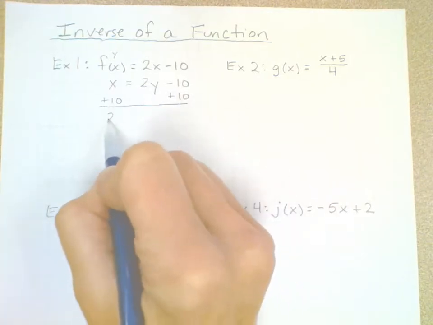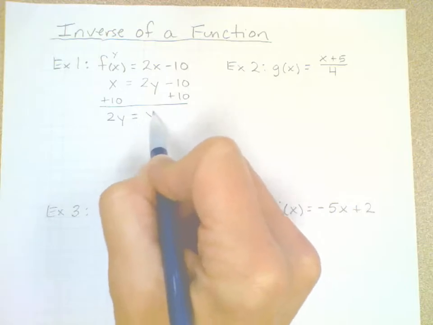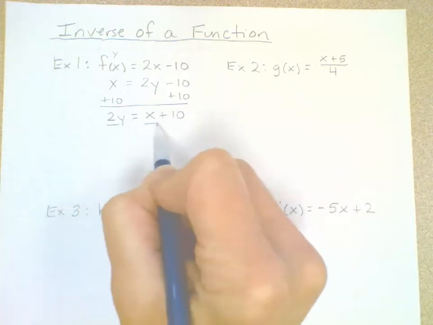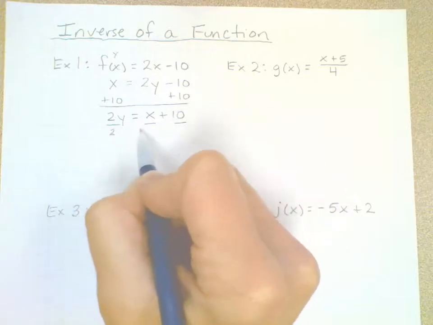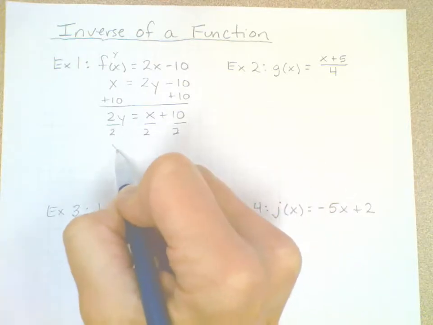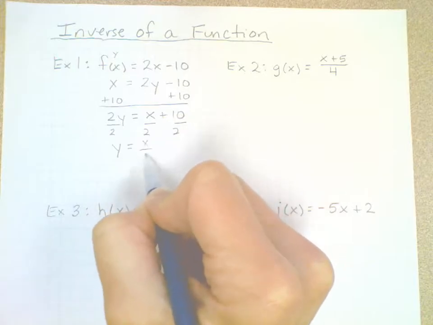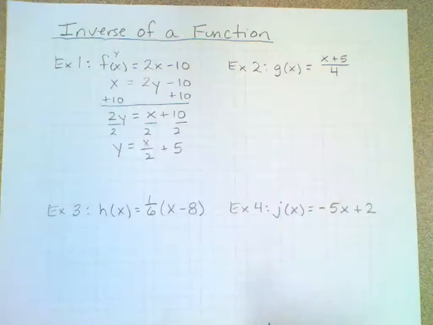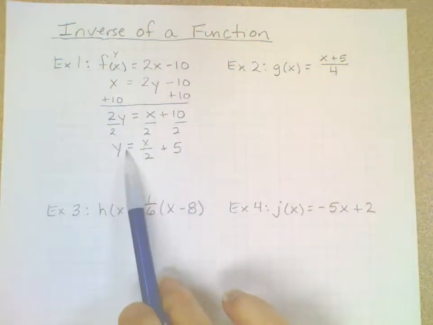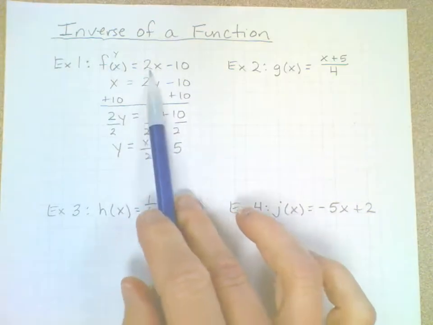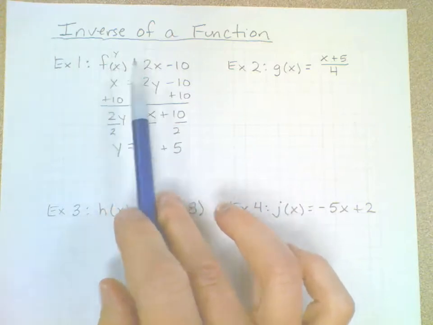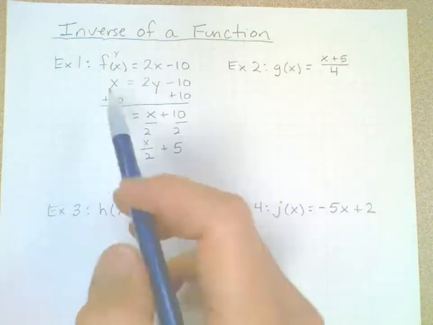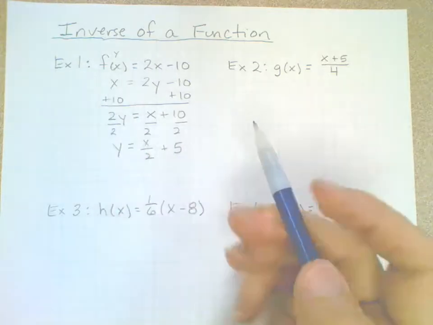So I'm going to bring the 2y over here to the left. And then divide everything by 2. So I get y equals x over 2, and then 10 divided by 2 is 5. Now, since I have a y here, and then I have an f of x that I renamed it with, the function notation uses a superscript, and we're going to call it f inverse of x.